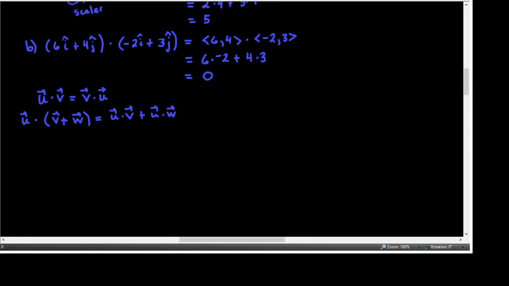Notice I'm not saying times because it is a dot product, so you really want to say that correctly. That dot product and that sum can be in a different order. You could have the sum of two vectors dot another vector, and it's still going to distribute. That's going to be u dot w plus v dot w.